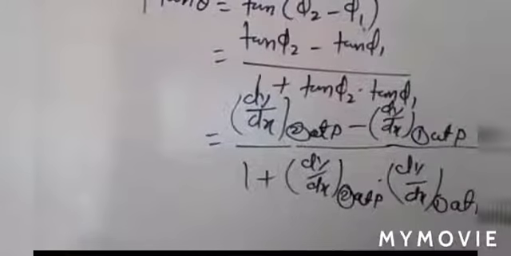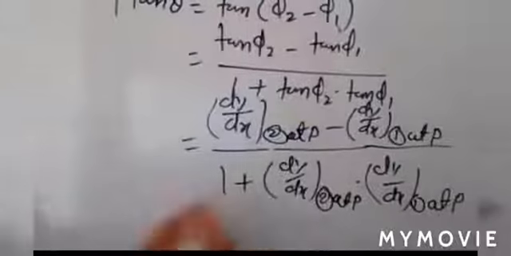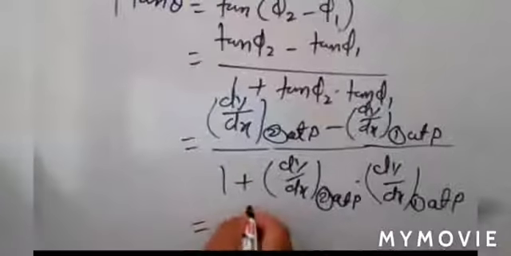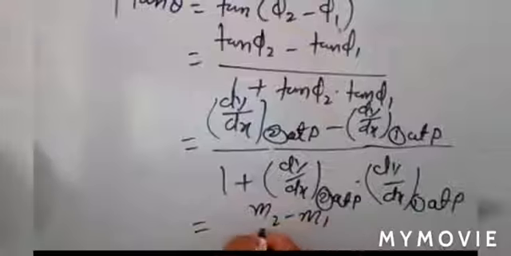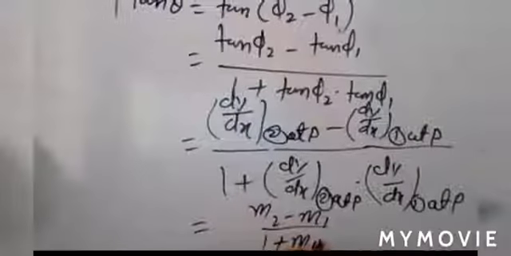So the complete result can also be written as (m2 minus m1) upon (1 plus m1 m2).